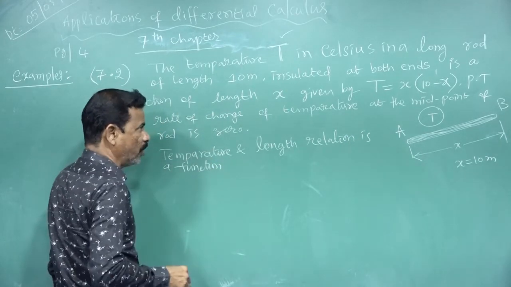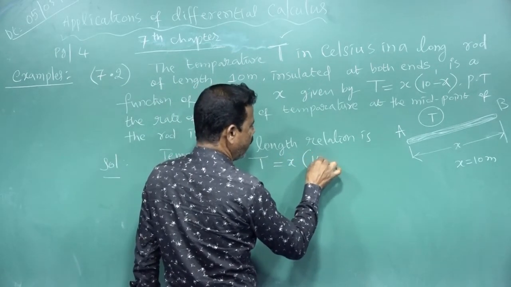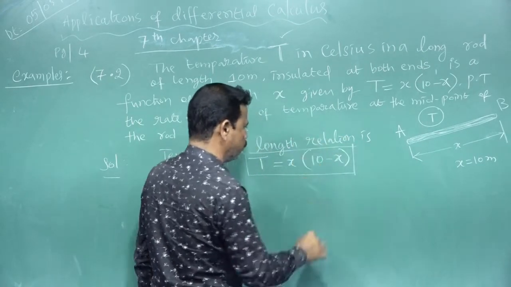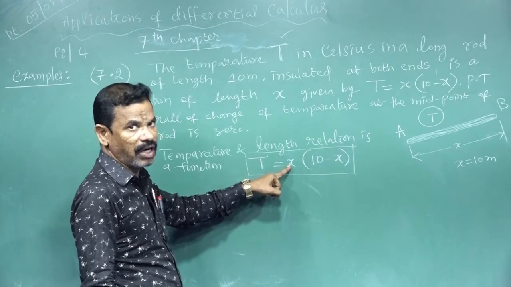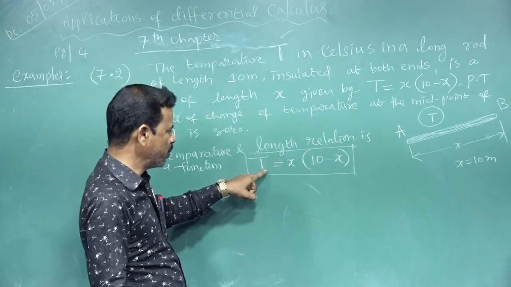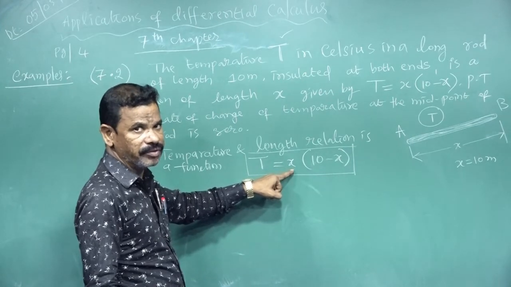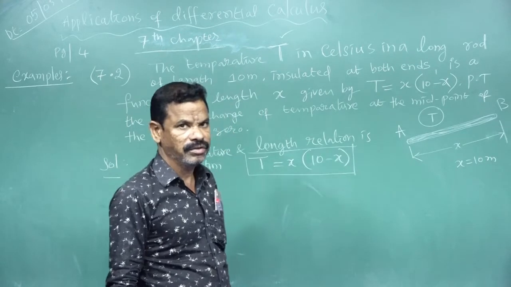Here, the function is T = x(10 - x). T is the temperature in Celsius, x is the length of the rod. So that is the relation between temperature and length of the rod. This is the insulated rod.